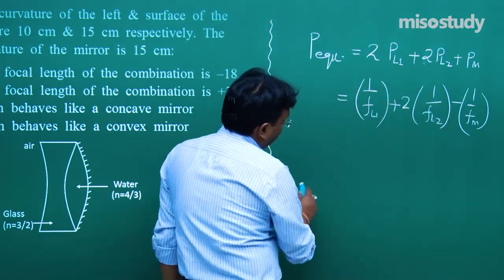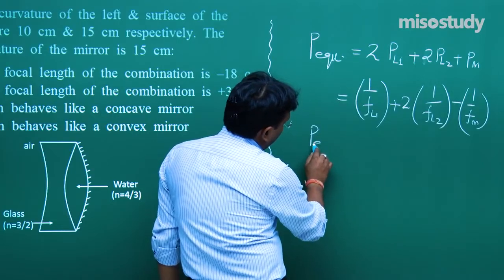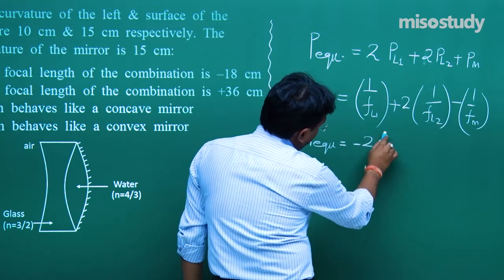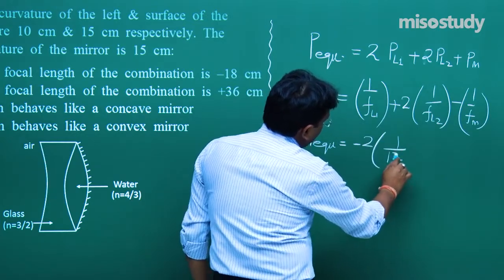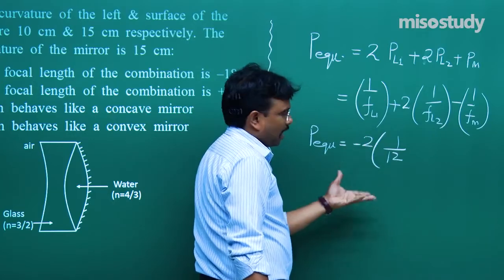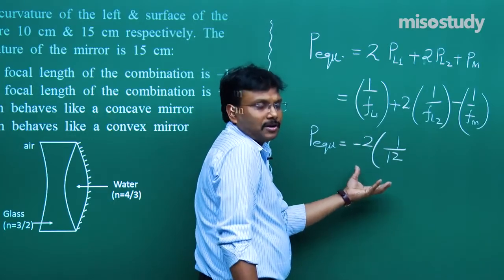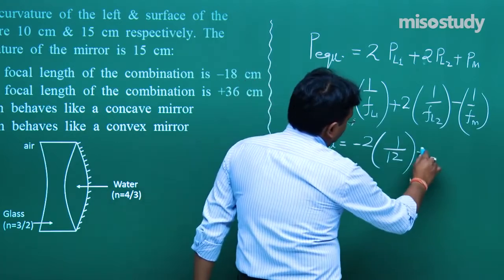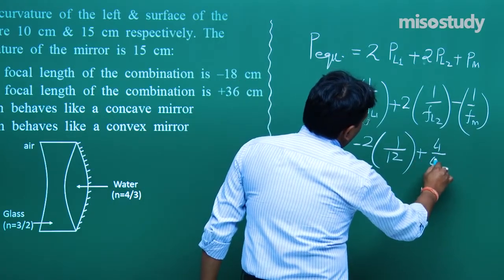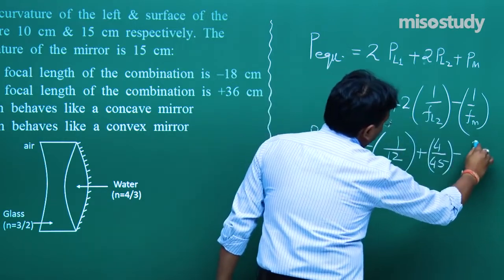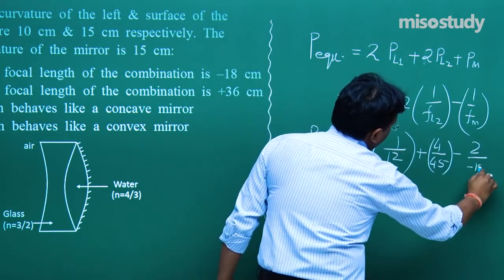From here, we can say P equivalent is equal to minus 2 into 1 upon 12. I am not explaining how we are getting the values, because I hope this much concept is obviously clear to all of you. Minus 2 into 1 by 12 plus 4 by 45 minus 2 upon minus 15.